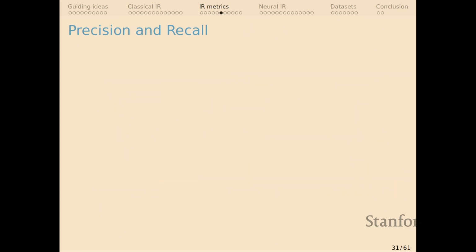We also talked about precision and recall, the classic accuracy style metrics in this space. The differentiator here from the previous ones is that these are going to be sensitive to multiple stars. So if you have more than one document that's relevant to your query, you will be able to detect that. So we have this notion of a return value that is just the set of documents at K or above.